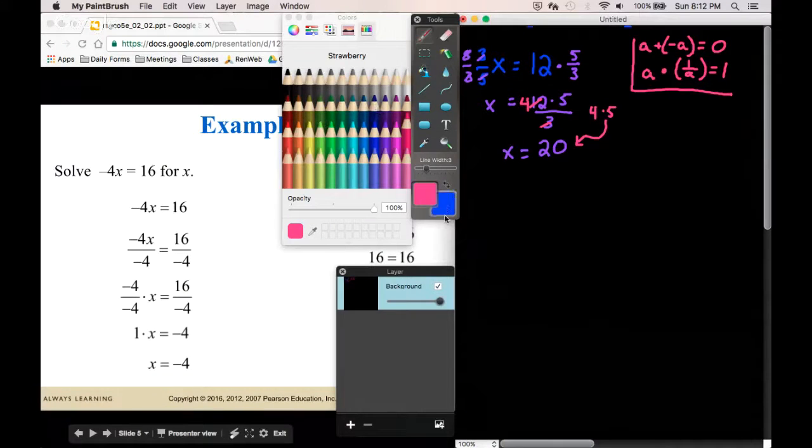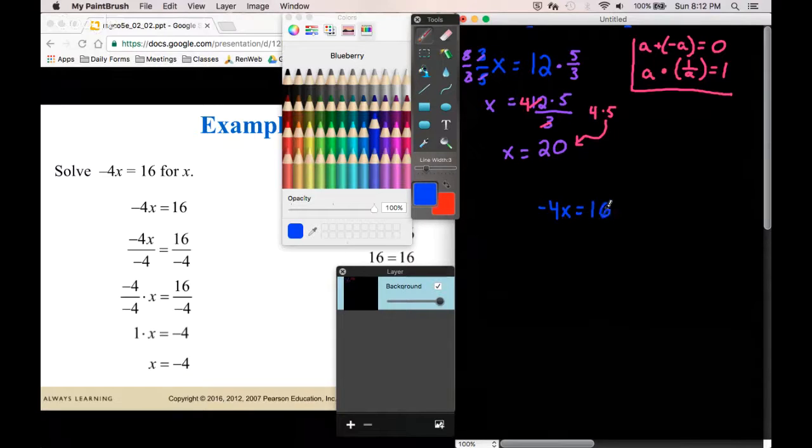Same idea, different example, a little less complicated. So if we have negative 4x equals 16, you're going to be multiplying this by its reciprocal, or in this situation, it depends on how you want to write it.